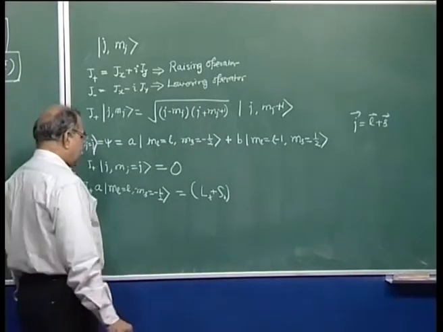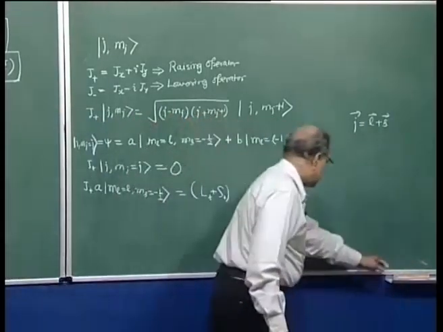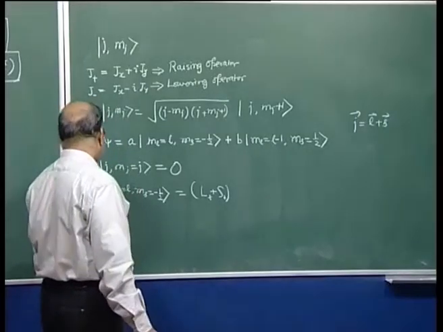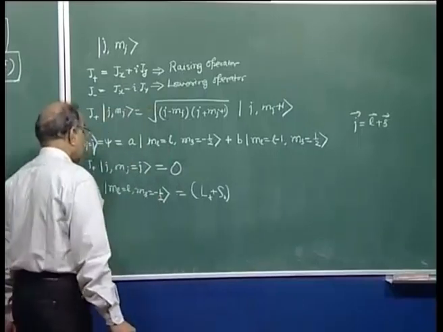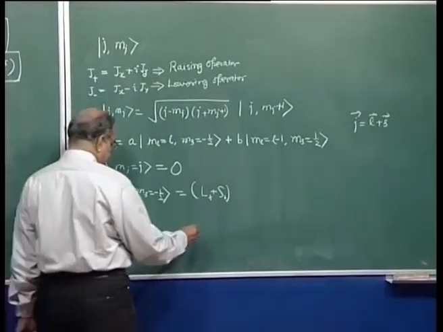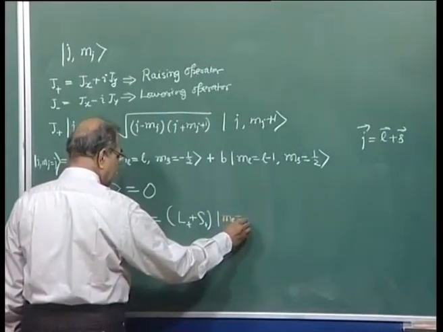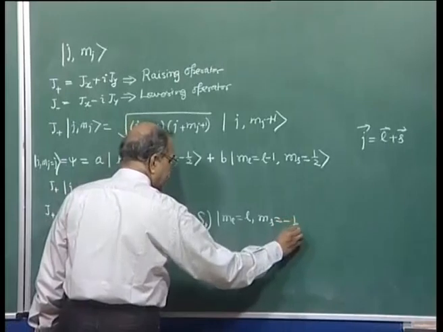This should be applied on A times, A we will put later. So L plus plus S plus applied on ml equal to L and ms equal to minus half.